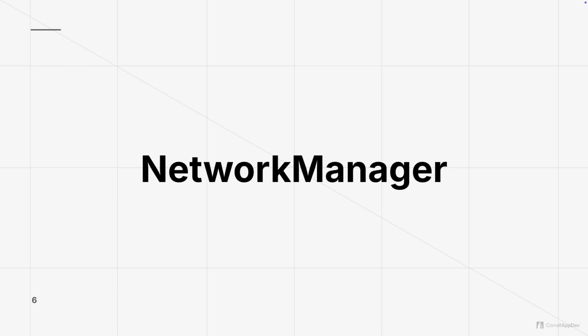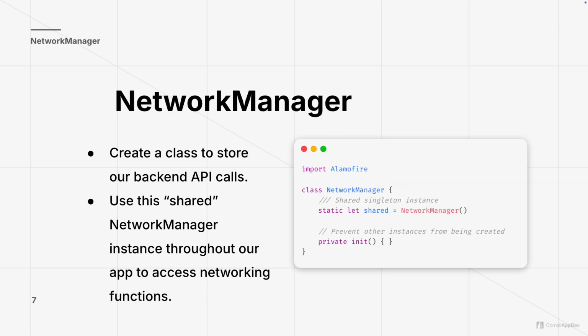Okay, so also I want to talk about this thing we are gonna write. It's called NetworkManager. This is a class that we are going to write, and it's going to handle all of our networking requests that we make in our app. Just like I said, we're going to create this class, and it's going to store all of our backend API calls.